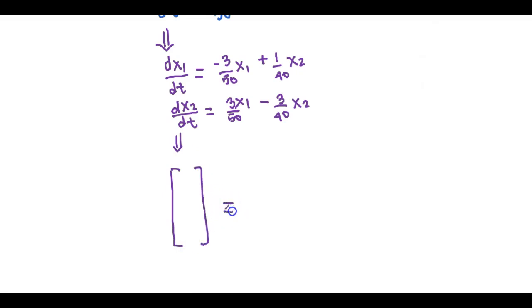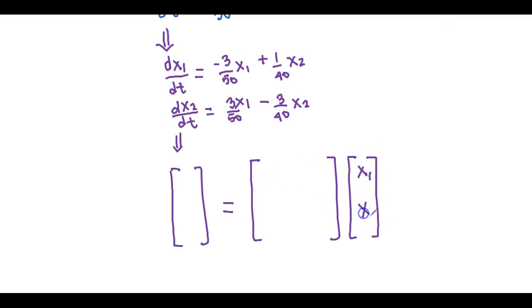We write the derivatives into a column vector, and on the right hand side those expressions can be written as a matrix vector multiplication, where the state variables x1 and x2 multiply the matrix. This matrix of coefficients has on the first row minus 3 over 50, 1 over 40, and on the second row 3 over 50 and negative 3 over 40.